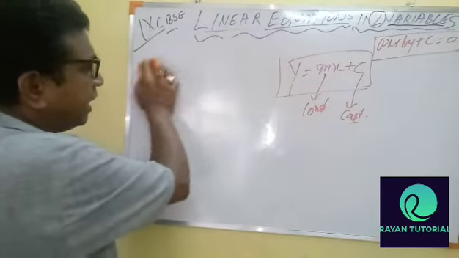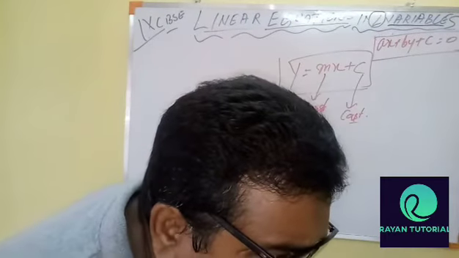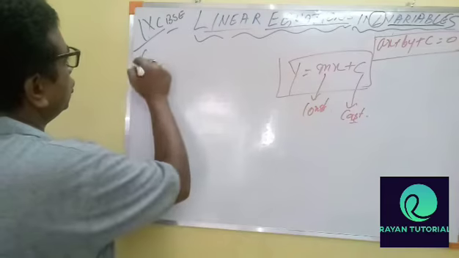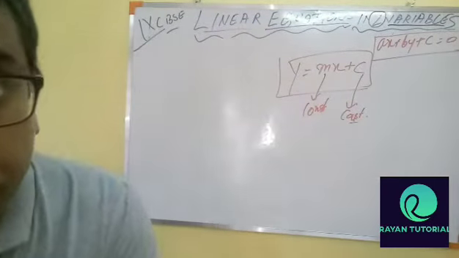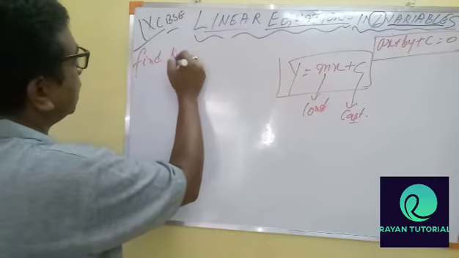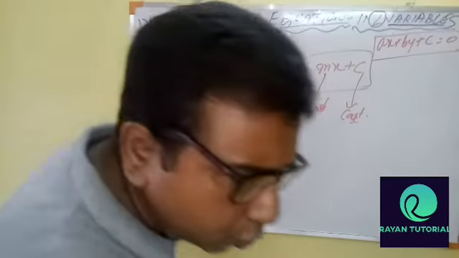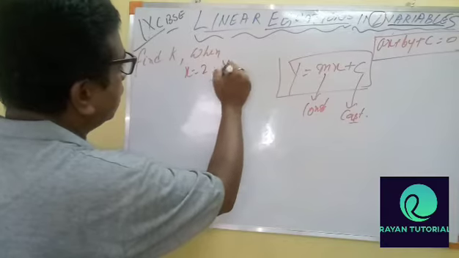Clear? Okay. The next question is, find the value of k when x equals to 2 and y equals to 1.